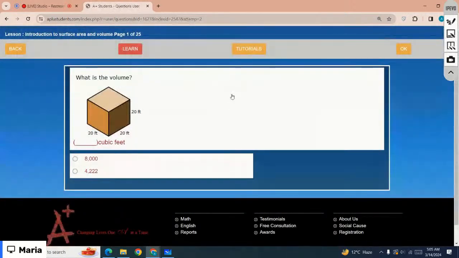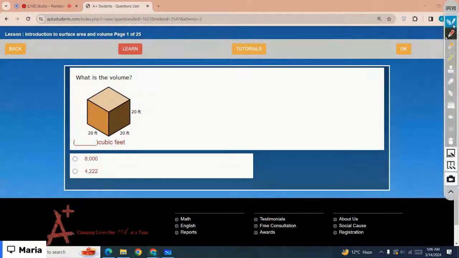So that is a cube, right? A cube has 6 faces, all the faces are square, right? So you can just calculate the area of one face because all the faces have the same area. The area of one face is 20 times 20, that is 400.